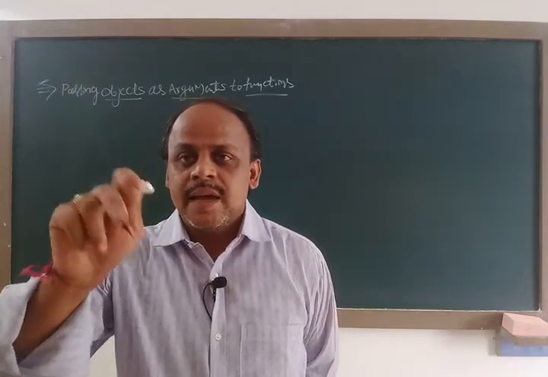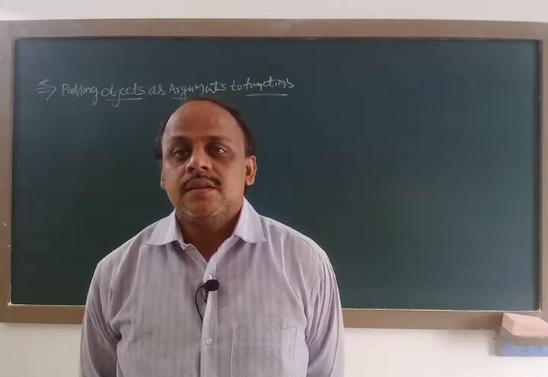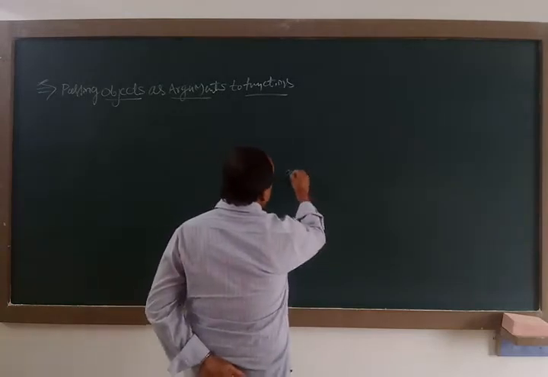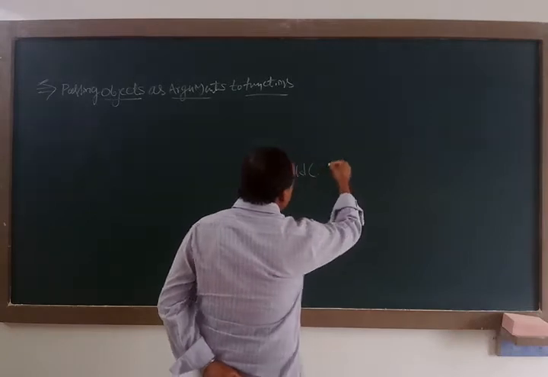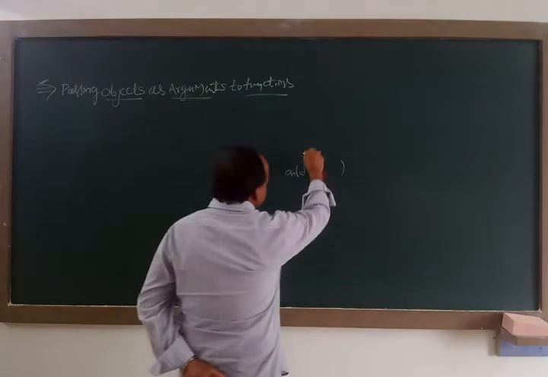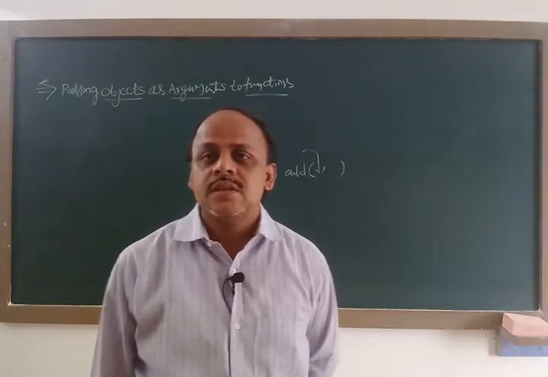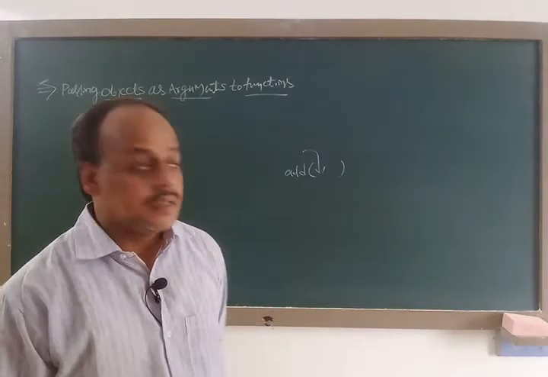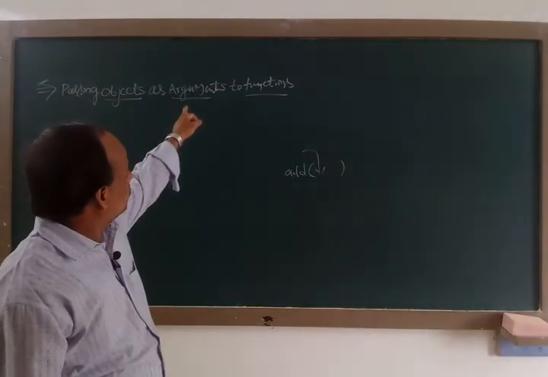Function name contains an open bracket and a closed bracket, for example, add is a function. The function is represented by open and closed brackets. So what are the things present in this bracket called? Arguments, parameters.